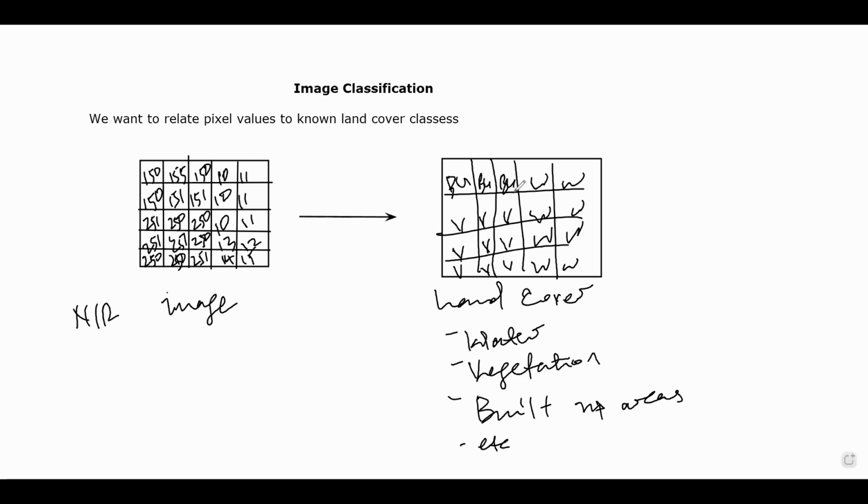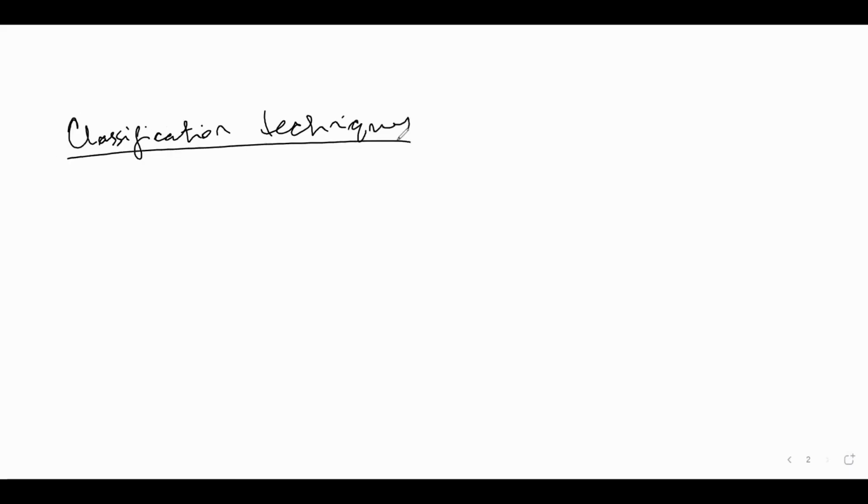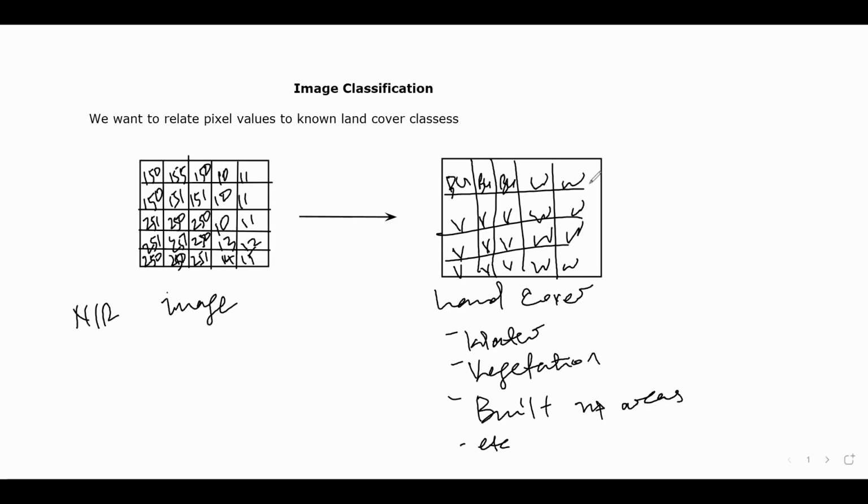Now, we have 2 types of classification techniques. I'm sure many of you should know them, and we'll go through classification and categorizations as we go along. So the idea behind unsupervised classification, which is referred to as clustering, is that we want to be able to relate the satellite image values with the known land cover classes.